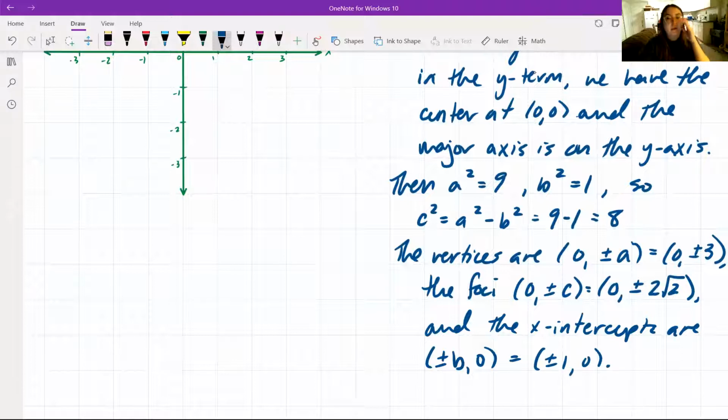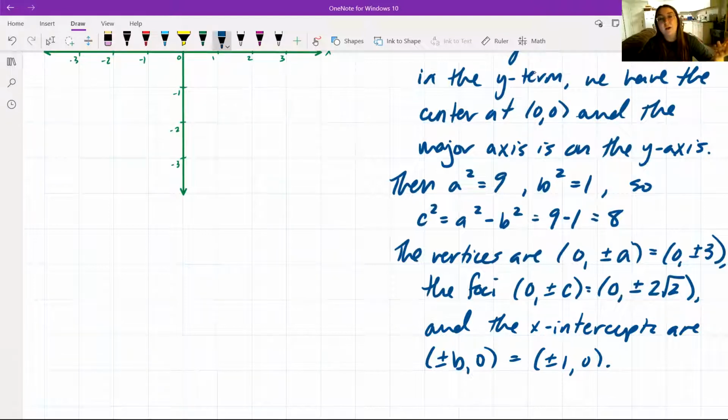So with our plus or minus signs, this means that we're really including both. We have to make a point for the vertices at 0, comma 3 and 0, comma negative 3. Our foci are going to be at 0, 2 times square root of 2, and 0, negative 2 times square root of 2. And the x-intercepts are going to be at 1, 0, and negative 1, 0.